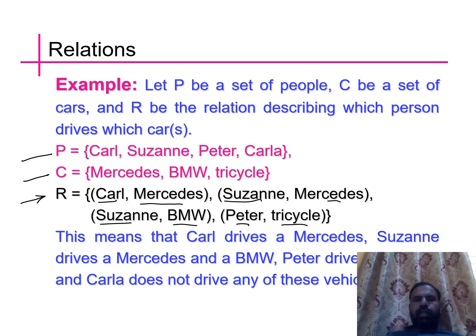R is a set of relations: (Corley, Mercedes), (Susanne, Mercedes), (Susanne, BMW), (Peter, tricycle). This means that Corley drives a Mercedes, Susanne drives a Mercedes and a BMW, Peter drives a tricycle. And it also means that Carla does not drive any of these vehicles.